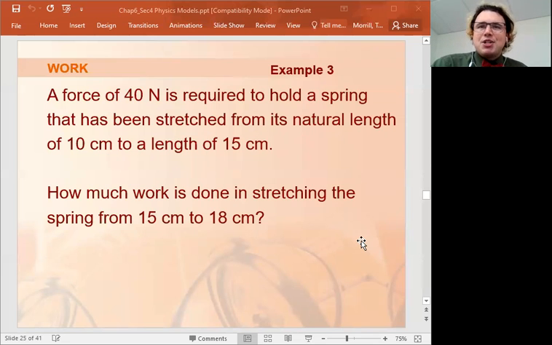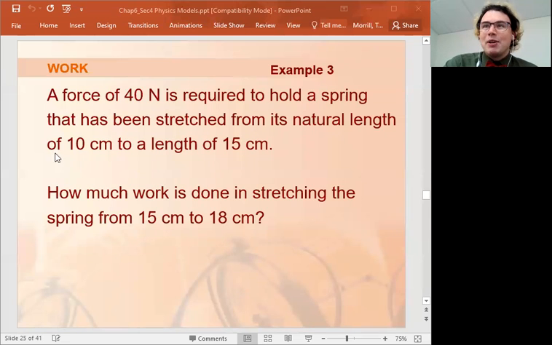We have stretched it from its natural length of 10 centimeters out to 15 centimeters. We have recorded the amount of force with some kind of measurement. How much work will we require to stretch the spring 3 centimeters further?